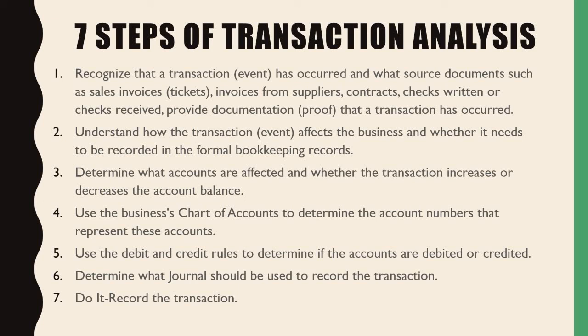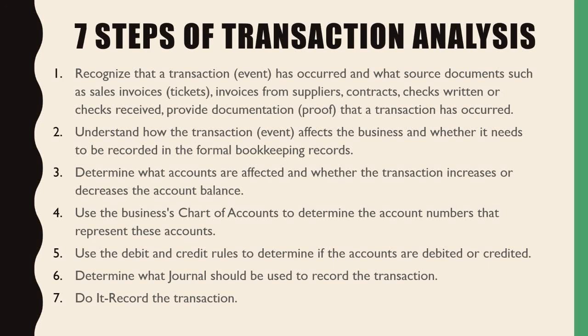And then you're going to determine what journal you should be using. So again, we looked at one journal only, your general journal, where all business transactions are recorded. Now, when you go into the actual core of a business, you're going to have a sales journal, a cost of goods journal, multiple journals, right?